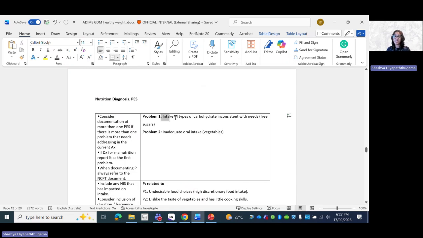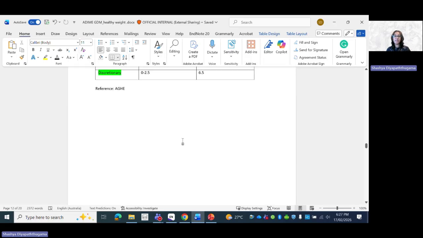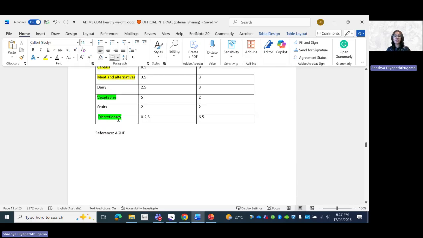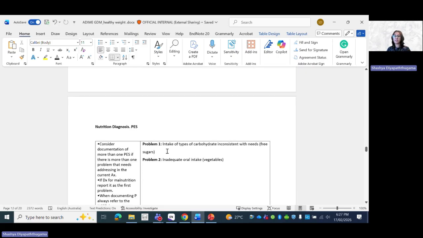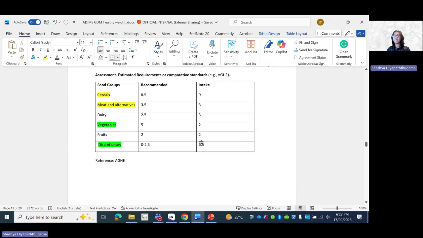So I wrote this as one problem. And the other problem could be either of them. So for discretionary, we could also fit that into the first problem, because for discretionary, there might be a contribution coming from the sugary foods.